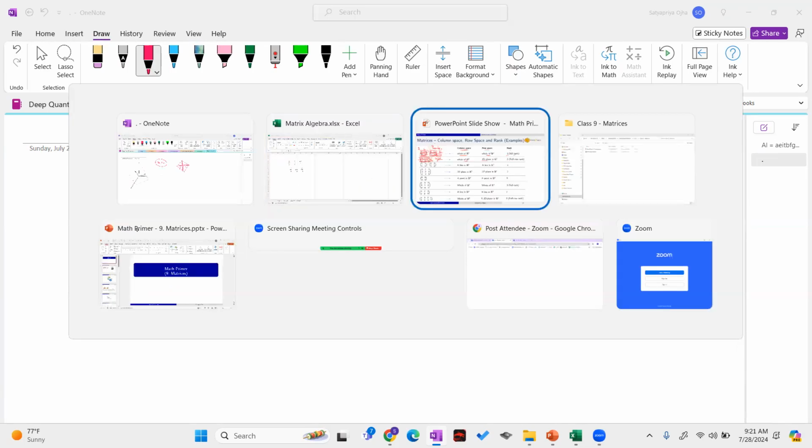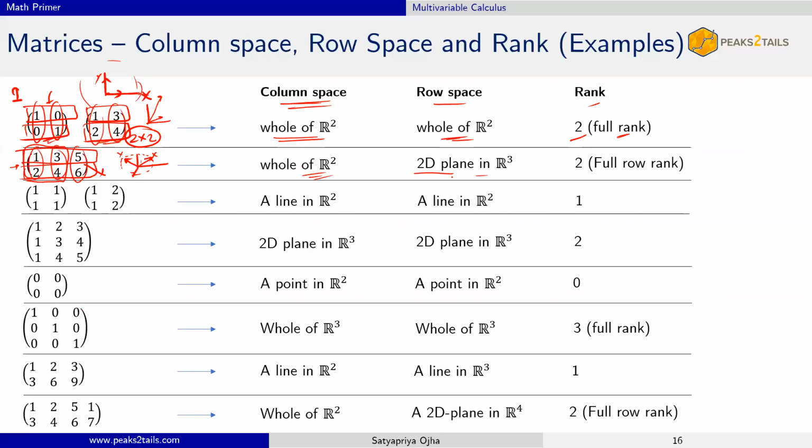Cool. So the space is R cube because this is a three-dimensional vector. But with two vectors, you can describe a maximum of a 2D plane. So that's the row space.